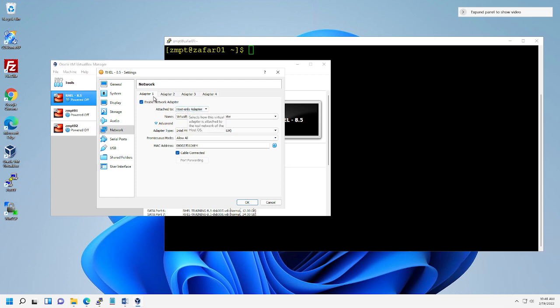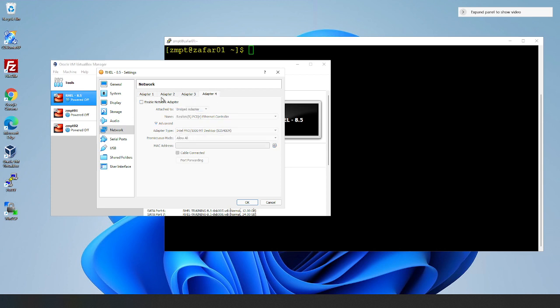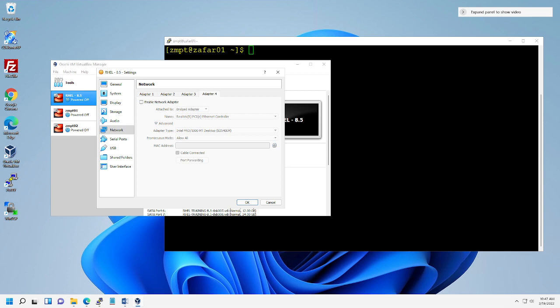Okay, in reality, you would have only two adapters, adapter 1 and adapter 2. Network interface card, that's what adapter means. But in this scenario here, I have 4. The reason being is I just need to configure this as 4 network adapters.